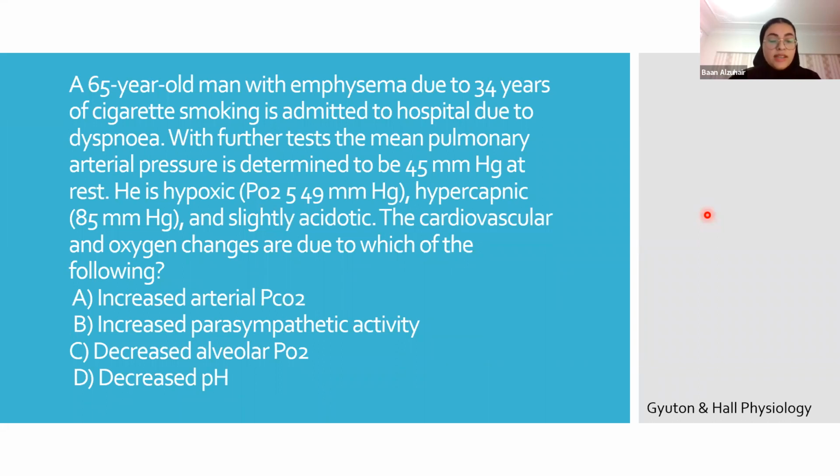With further tests, the mean pulmonary arterial pressure is determined to be 45 millimeters mercury at rest. He is hypoxic, hypercapnic, and slightly acidotic, okay? The cardiovascular and oxygen changes are due to which of the following? A, increased arterial CO2, increased parasympathetic activity, decreased alveolar O2, and decreased pH.